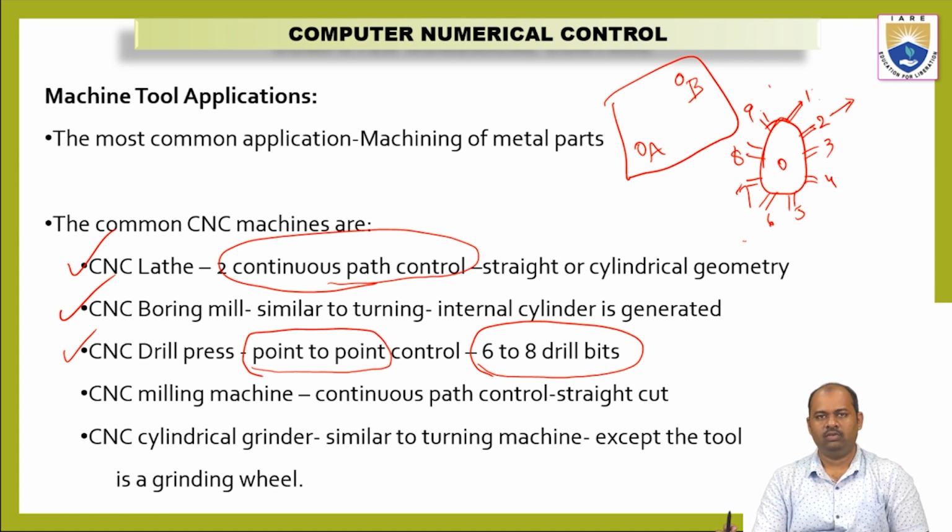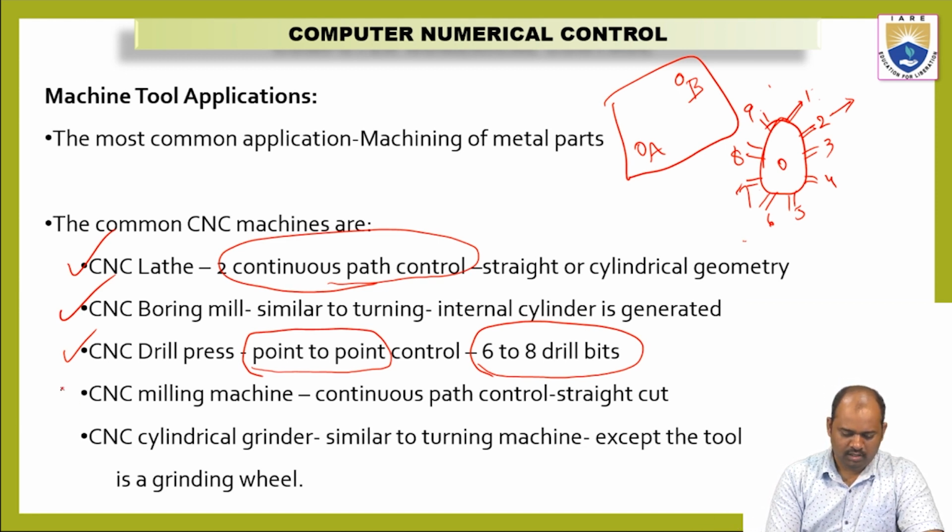If I want to make holes of different diameters, then I will need these different drill bits. One drill bit has a different diameter compared to the other drill bits. So 6 different drill bits can be attached to the same tool post, and this tool post can be rotated and used for making different holes of different diameters.